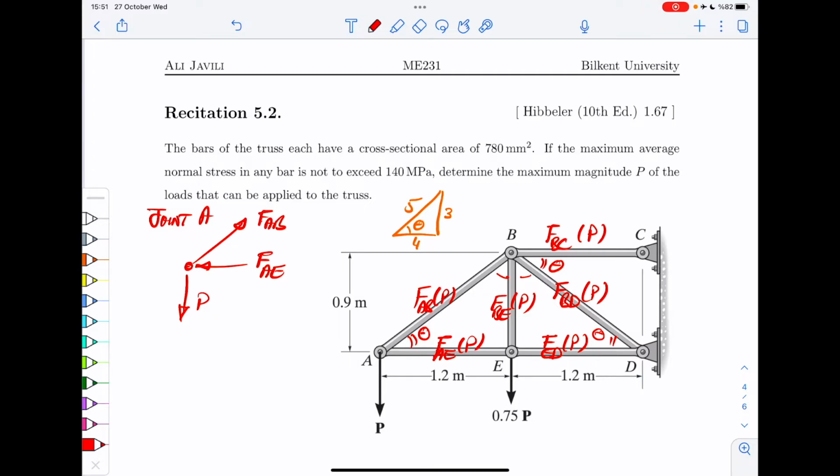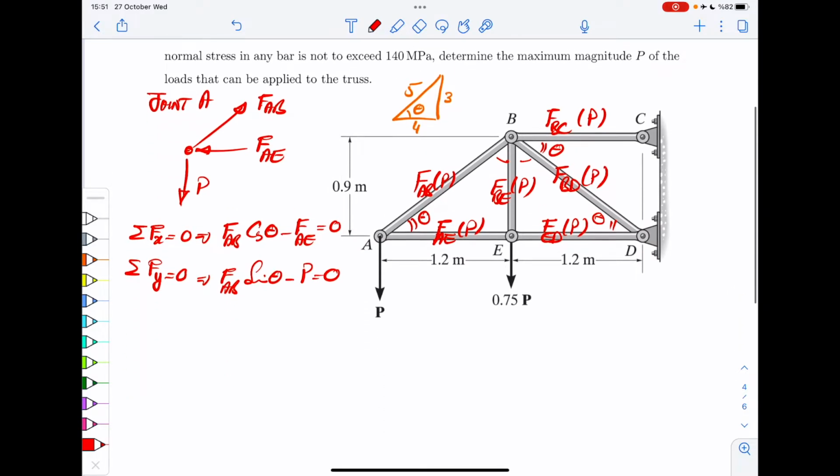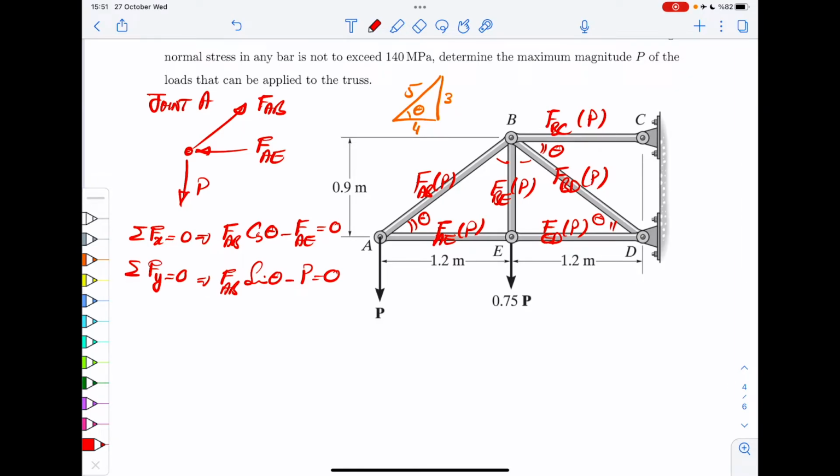Now that you have this, you write equilibrium of forces in the x and y directions. In the x direction, you get FAB cosine theta minus FAE equals 0. In the y direction, you get FAB sine theta minus P equals 0. Cosine theta and sine theta are 4/5 and 3/5, respectively.